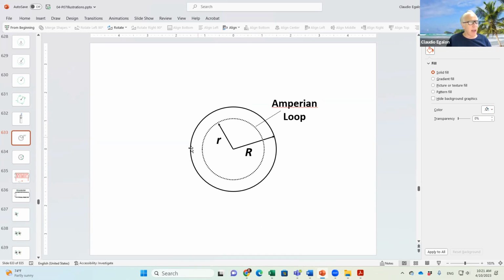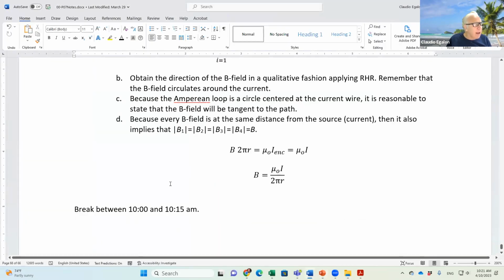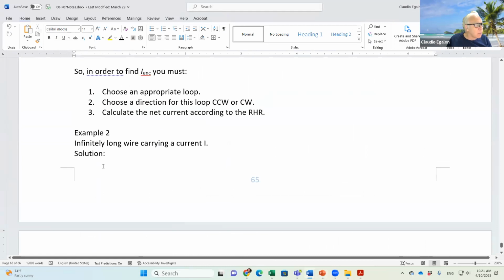If I is the net current that flows throughout the whole cross section of the circuit, here that is my Amperian loop, the amount of current that flows within this Amperian loop is going to be less. Okay, and I'll do that quickly, and I'll just set it up. I'm not going to finish. Okay, so here you go. Find example 2, right?